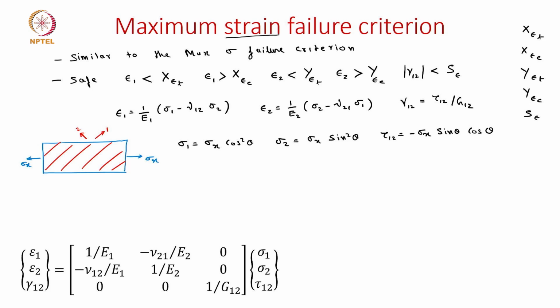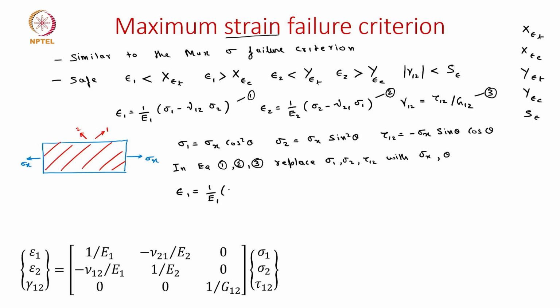Now if I replace sigma 1, sigma 2 and tau 12 in equations 1, 2 and 3 with sigma x and theta, then we should be able to write epsilon 1 equals 1 by E1 times cos square theta minus nu 12 sine square theta, times sigma x.